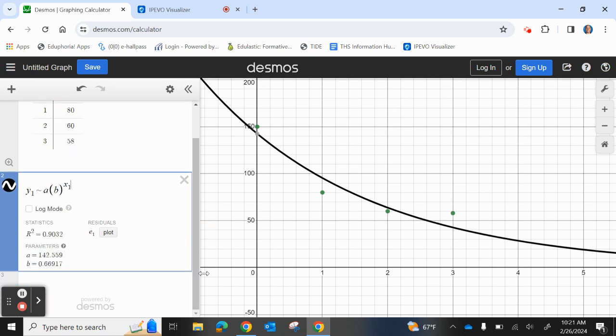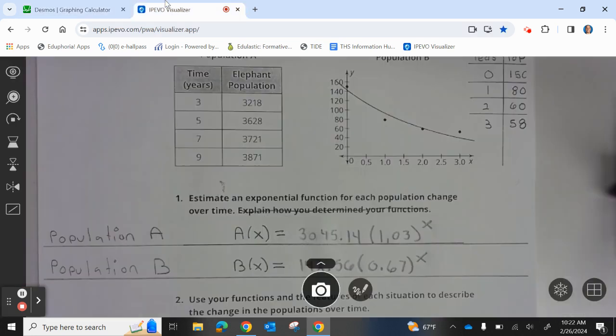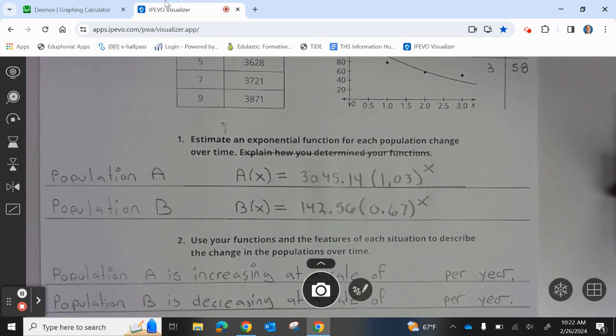All right, let's round 2 decimal places. All right, there's our equation for population B.